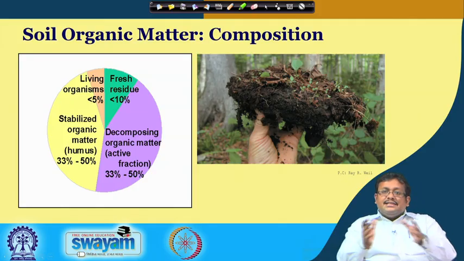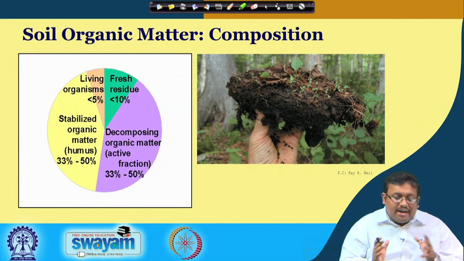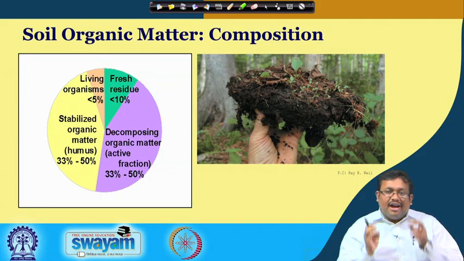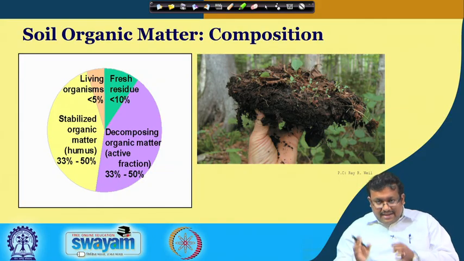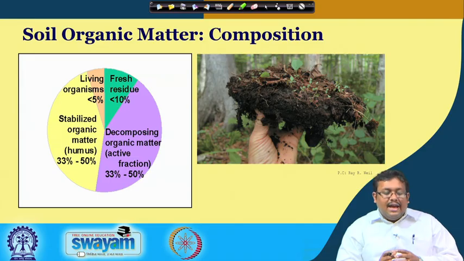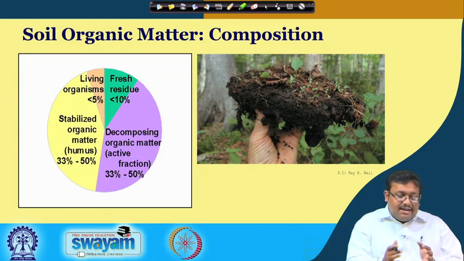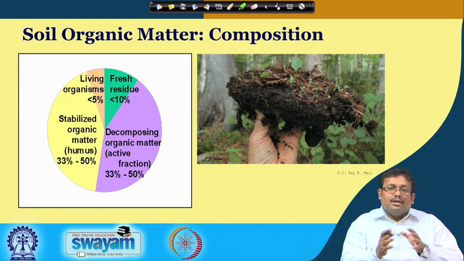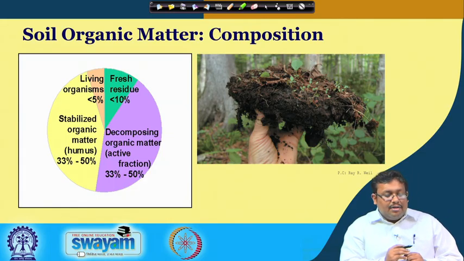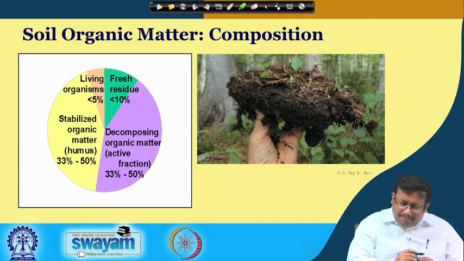So, let us talk about soil organic matter and its composition. Although soil organic matter is present in only 5% on a volumetric basis, it is a very important fraction of soil. If you consider the composition of soil organic matter, the living organisms present in the soil make up less than 5% of the total.